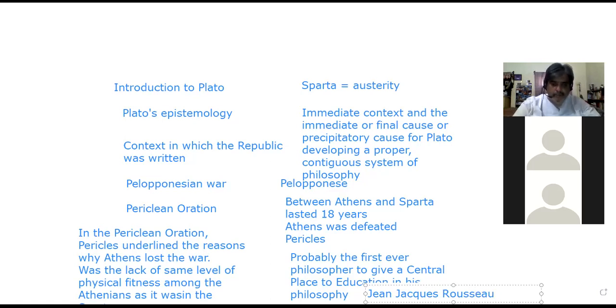Rousseau wrote a work which is called Emile, or On Education. Okay.